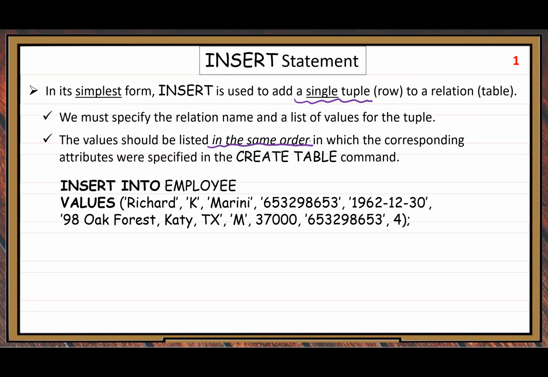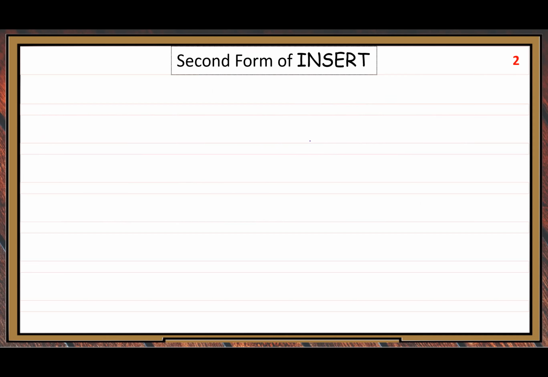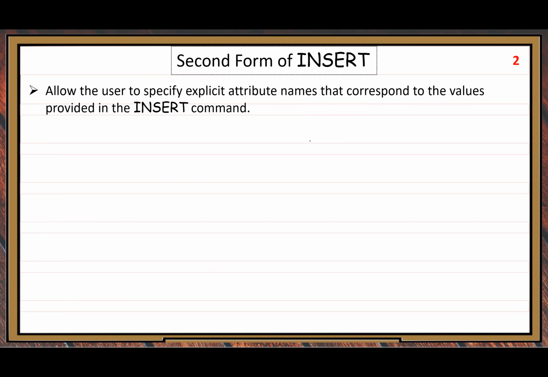But this is the first version. After that, we have a few more different versions. So let's look at the next version, the second form of insert operation. In this version, we allow the user to specify explicit attribute names that correspond to the values provided in the insert command.